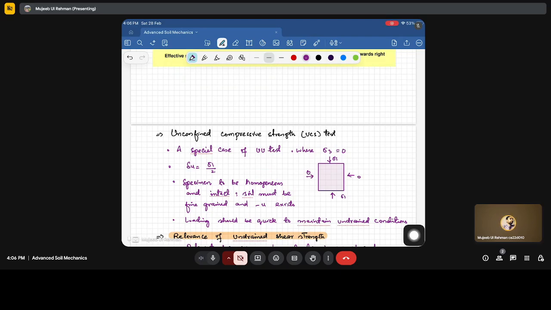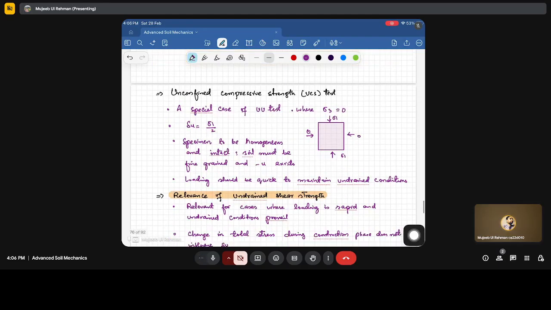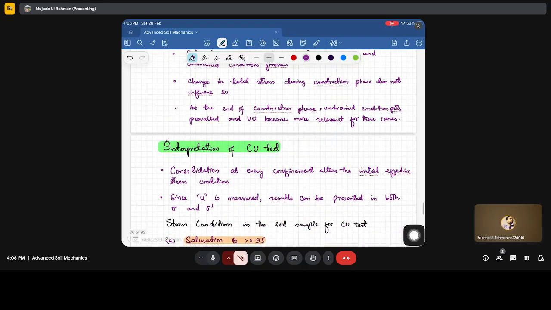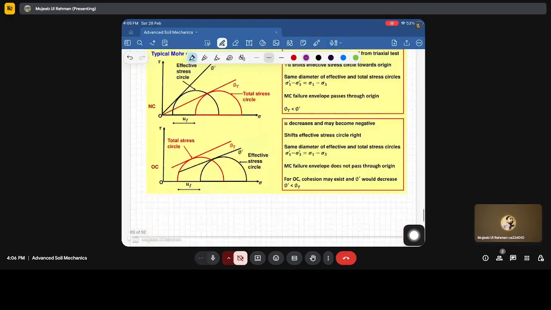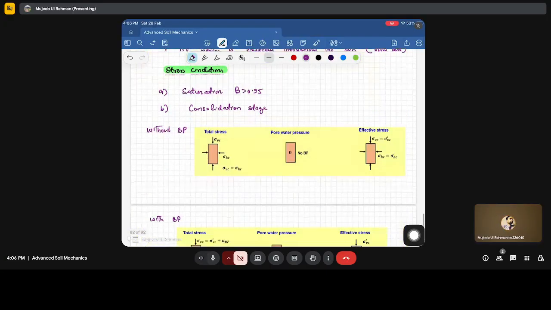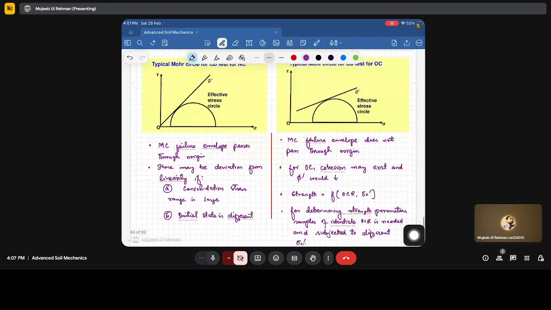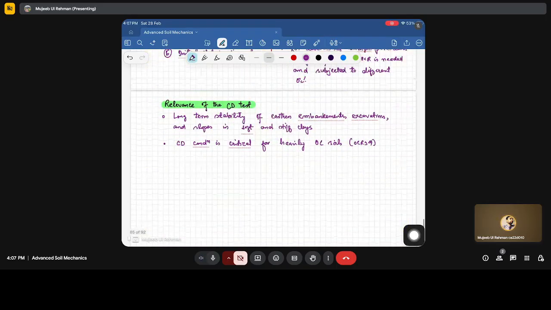Since there is no confinement, the soil may bulge, so you have to calculate the final area, and while calculating the stresses you have to divide the load by the corrected area. We will see that in the numericals. Then we have seen the interpretation of the CU test, the CD test, and some relevances of the CU test.